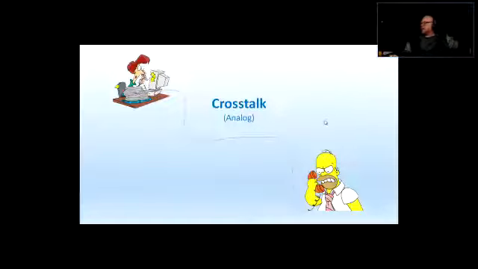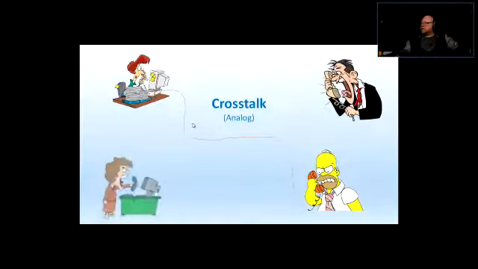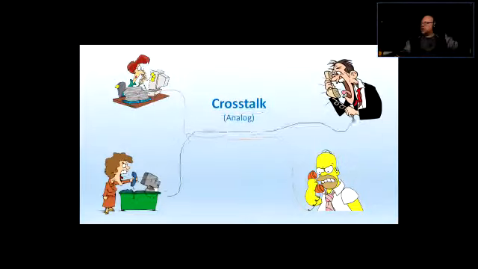Now let's imagine that the signal passes through a trunk, and a trunk in telecommunications is a bundle of cables. It's a cable that contains many different pairs, condensed into one physical cable. So that's a trunk. Let's say there's another conversation that takes place between two other wonderful people, and it's just as pleasant.